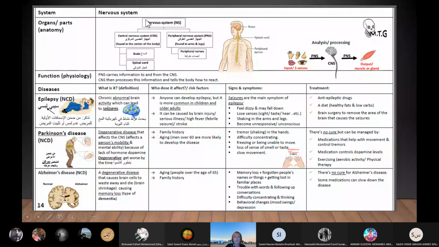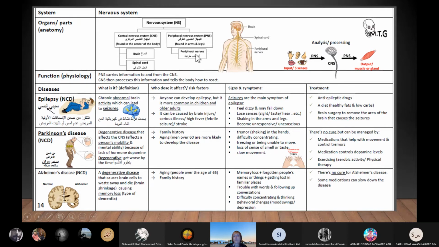Okay, so let's look at the nervous system. Okay, so the nervous system, we have the central nervous system. And if you remember, this is including the brain and the spinal cord. And then we have the peripheral nervous system, which is all the other nerves going out to our arms and our legs.